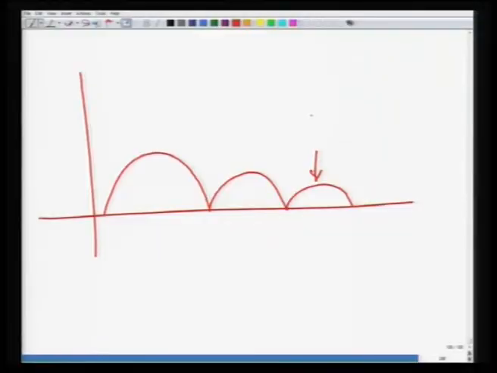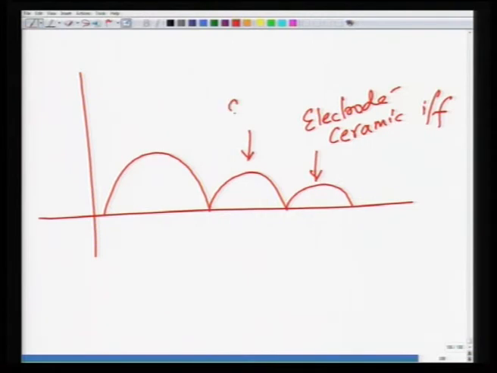This is typically your electrode ceramic interface. This would be your grain boundary, and this would be your grain.